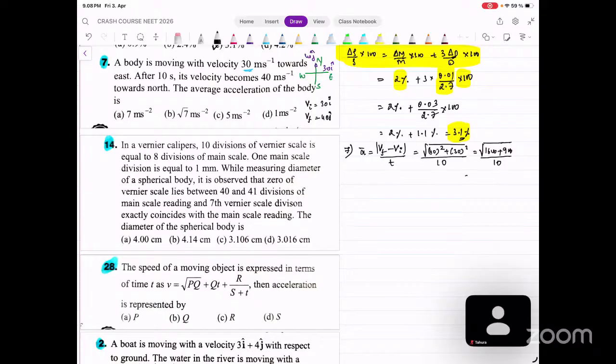See how much I'm getting. कितना आ रहा है? Under root of 2500 divided by 10.